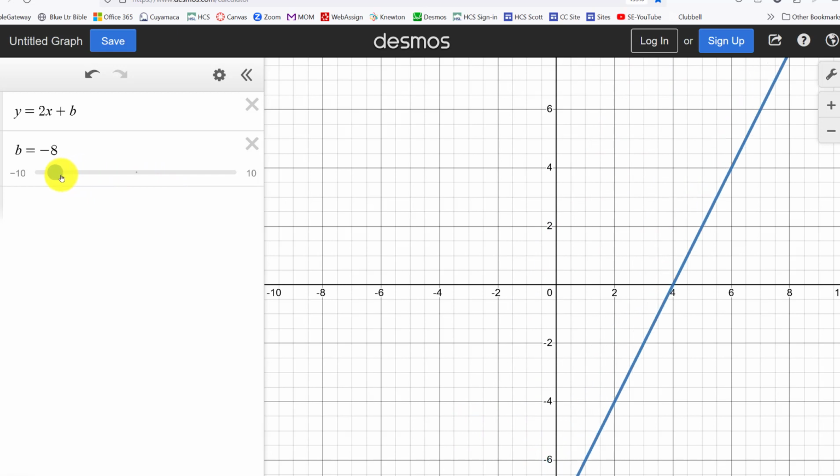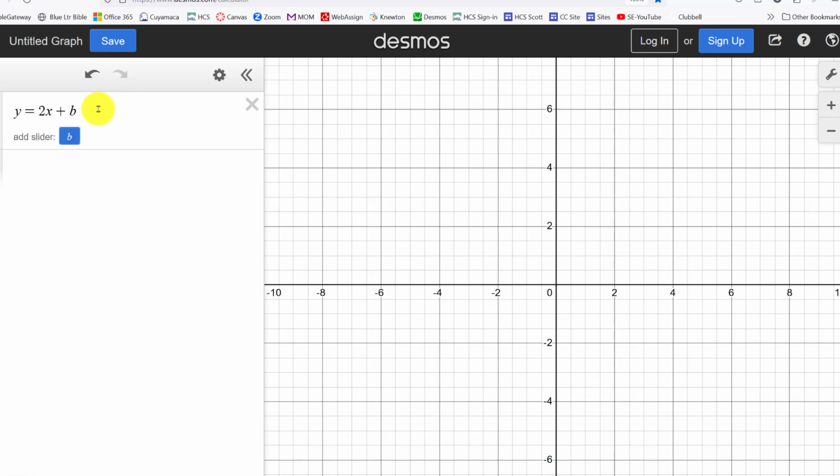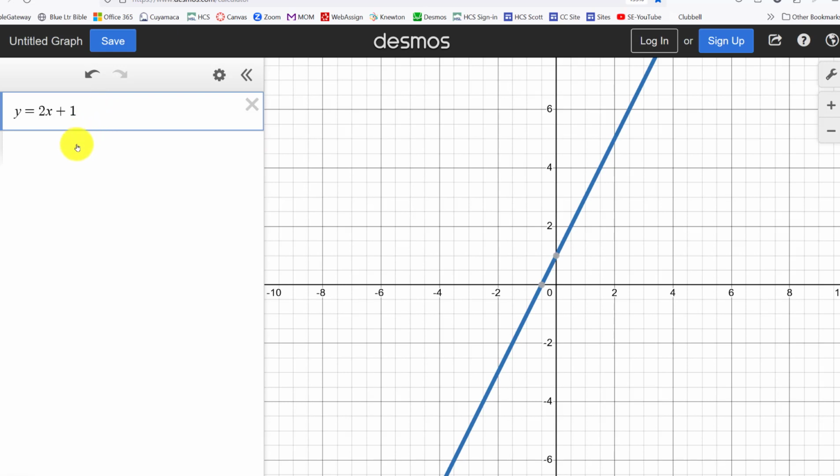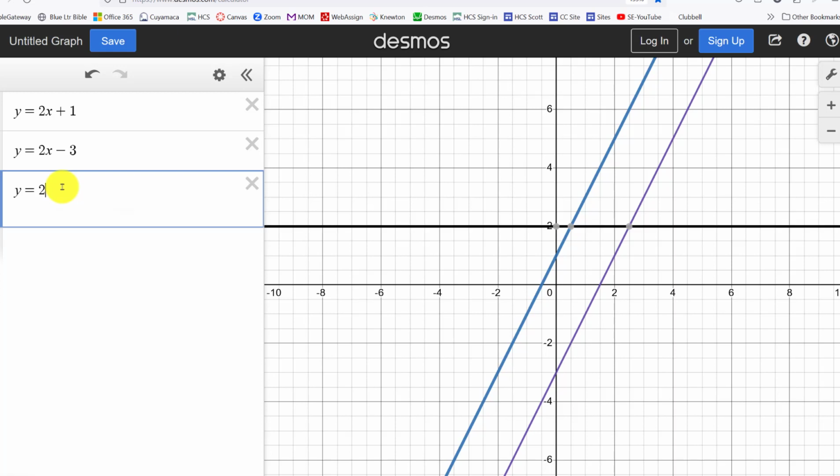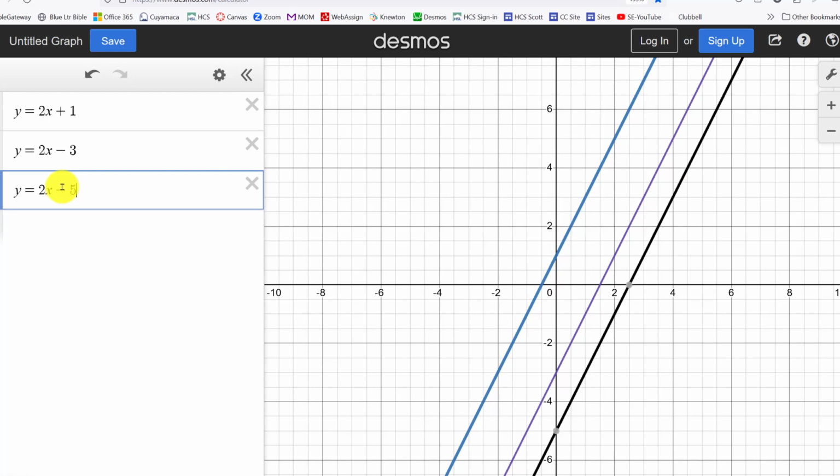But I think here I'll just put down several lines as examples. So let's make b equal to 1. We get a line. Let's try another one. Y equals 2x minus 3. Got another one. Y equals 2x minus 5. Got another one.